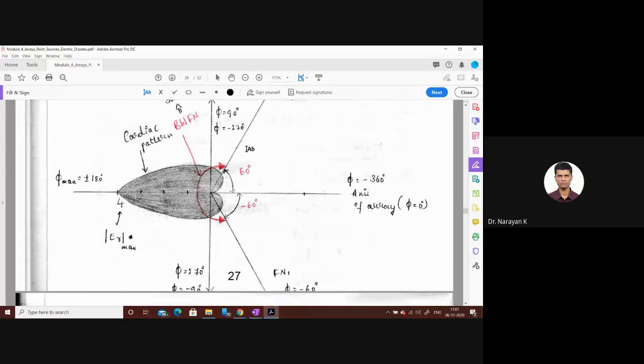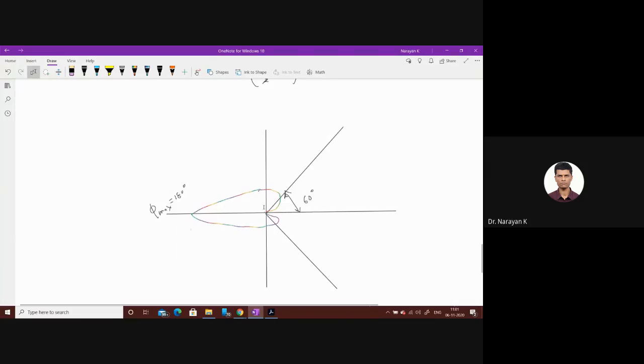Now, which is the null direction here? This one, right? This is your null direction. Can you see that? I'll try to use both and try to explain to you. This is your null direction.